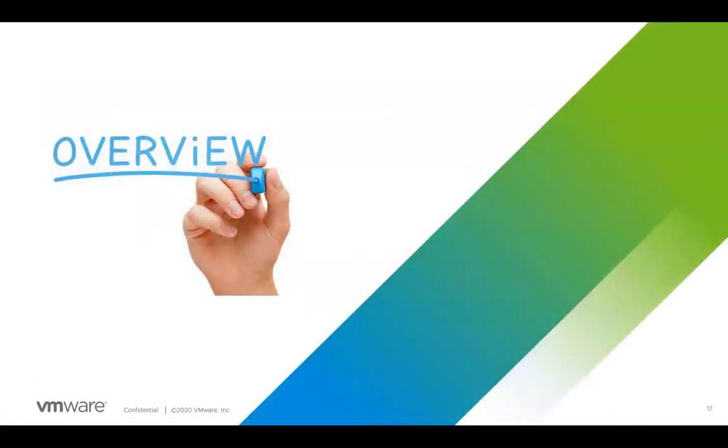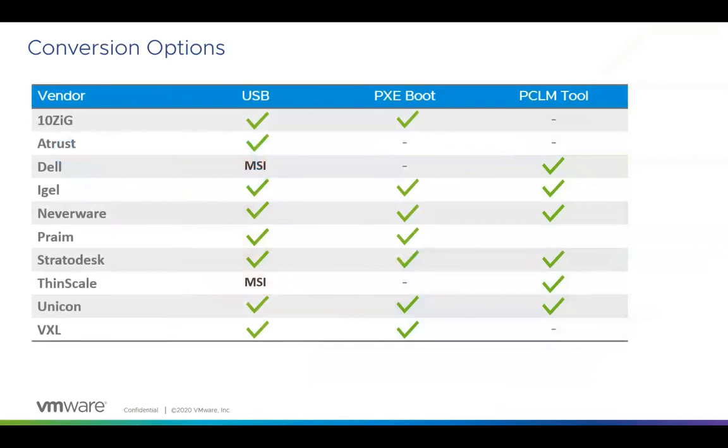Okay, so if we now start looking at some of the vendors, just a real quick chart shows you the different conversion options. As you can see, pretty much all of them have the opportunity to reboot and re-image from USB. That's pretty common. A lot of the vendors offer their own tools. Equally, there are third-party tools that you can use. From the vendors, you're going to get an ISO or a DD image or something like that, so you can create a bootable USB.